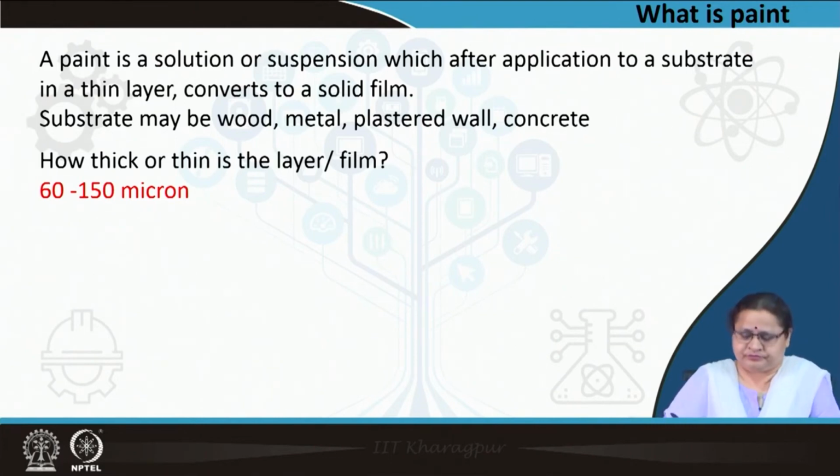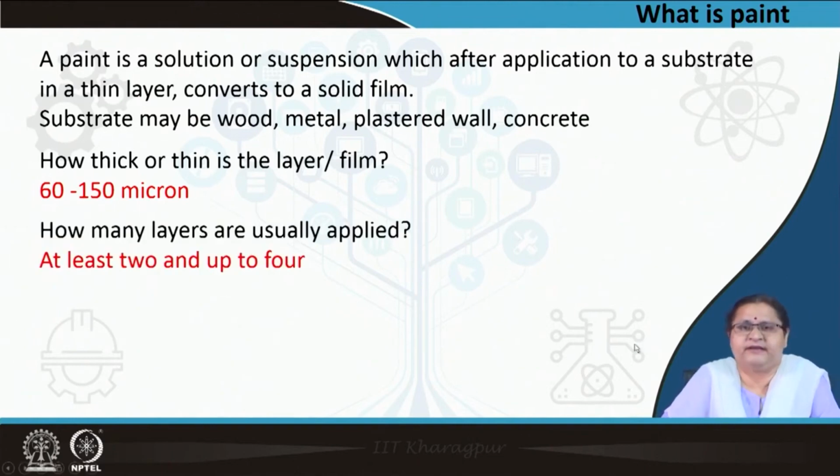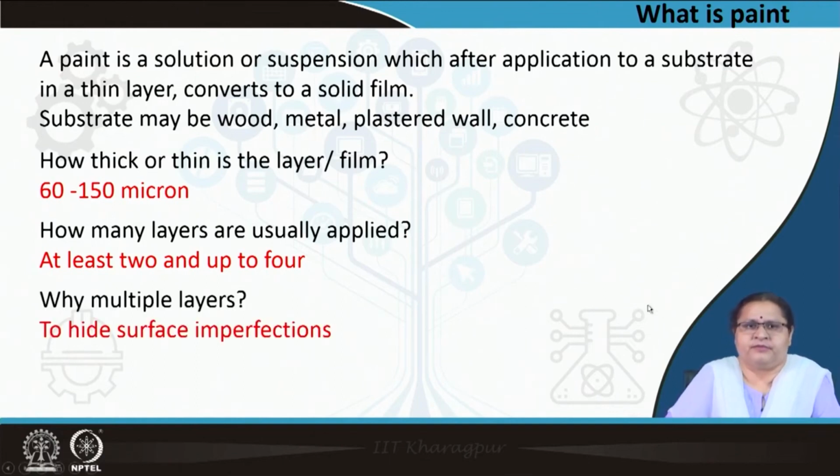How many layers are to be put? We start with 2 layers and we can go up to 4. Usually 2 to 3 coats are mandatory. Now that also depends on what is the type of substrate. We will elaborate on them gradually.